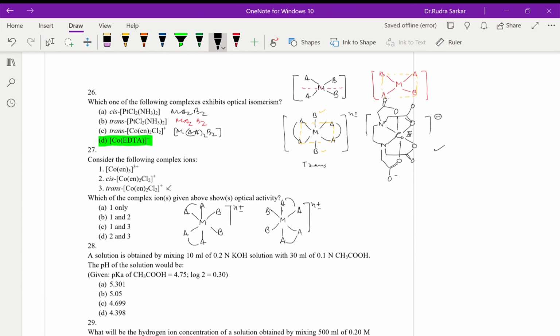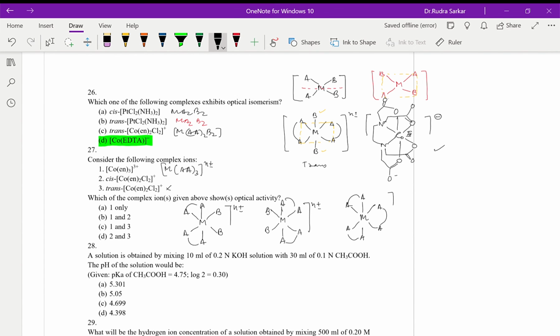Similarly, complex number 1 is of the type MAA3 plus minus. So this also will not have any sigma plane of symmetry, and hence it will show only optical isomerism but no geometrical isomerism. So all you have to do is connect them like that.